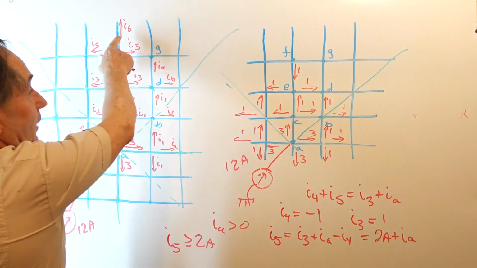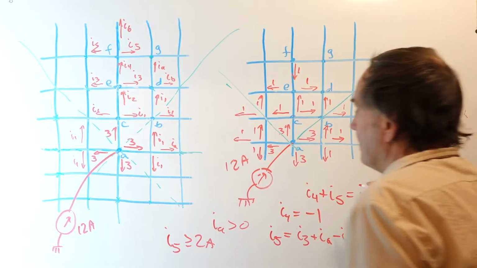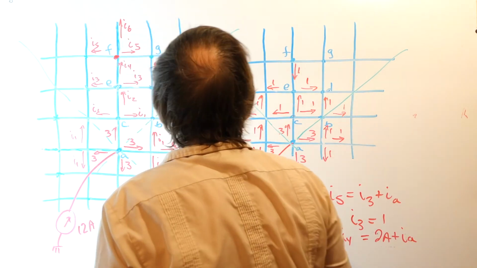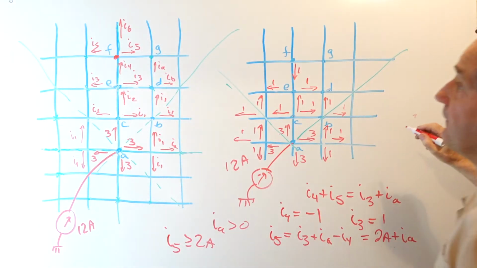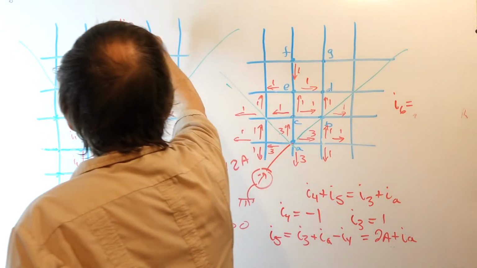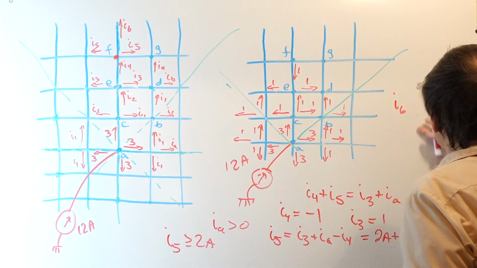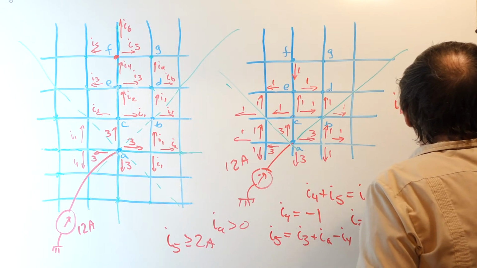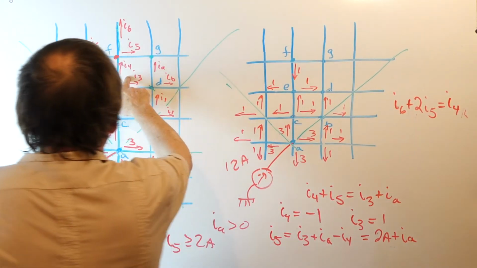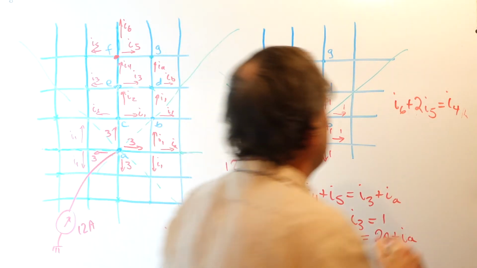Now, let's look at what happens to I6. If we write Kirchhoff's current law at that point, we have I6, which is flowing away, plus 2I5 is got to be equal to I4. Using Kirchhoff's current law, I4 is coming into the node and it has to equal I6 plus 2I5.